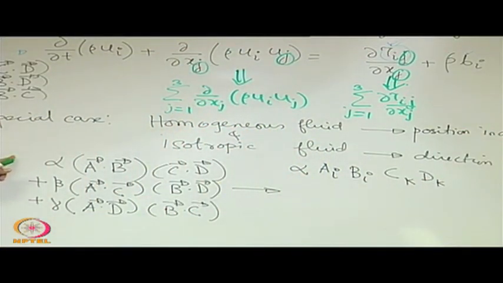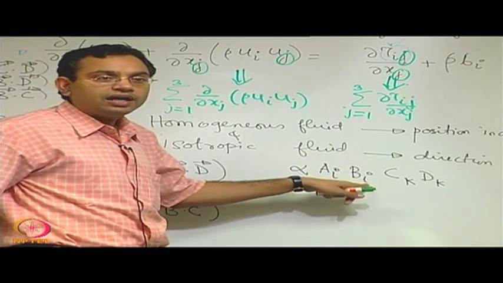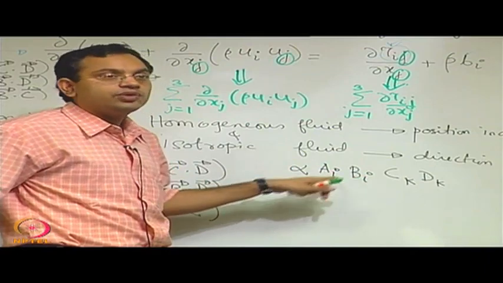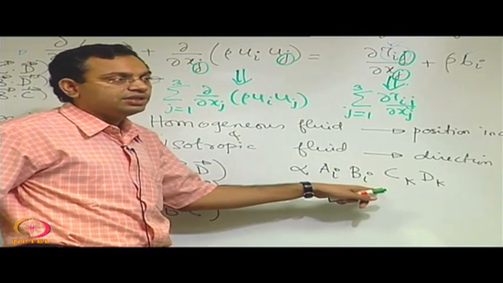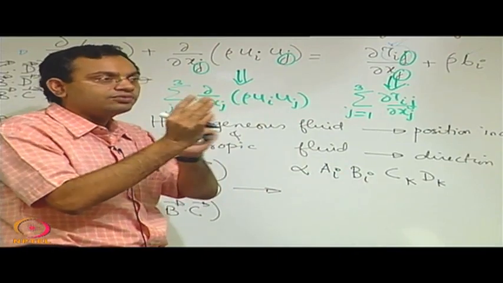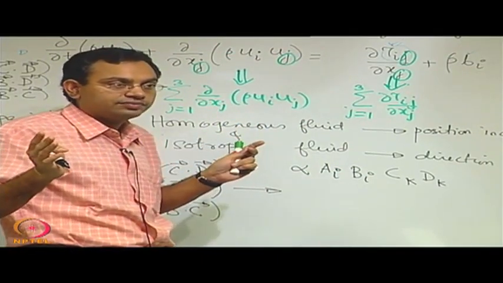Just look into the corresponding term. See, a dot b may be written as ai bi, because it is a1 b1 plus a2 b2 plus a3 b3, that is the dot product. You take the corresponding components and multiply with each other, sum it up, that is how you get the dot product of 2 vectors, right.